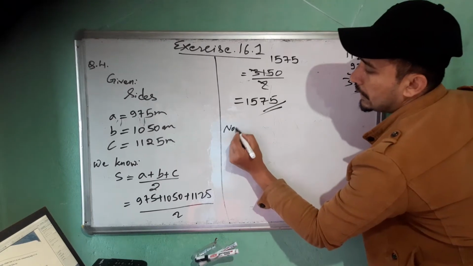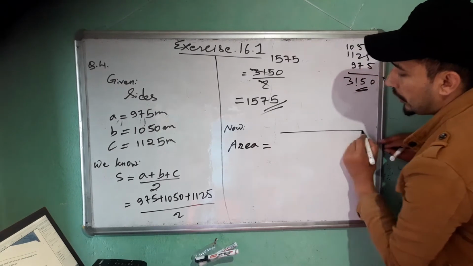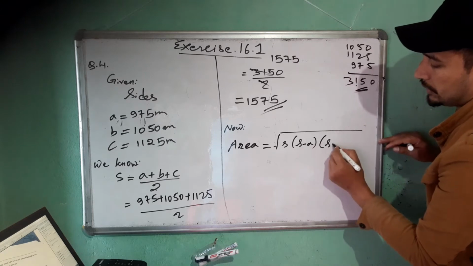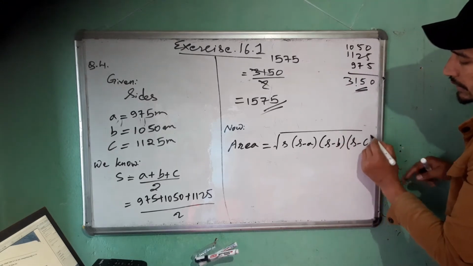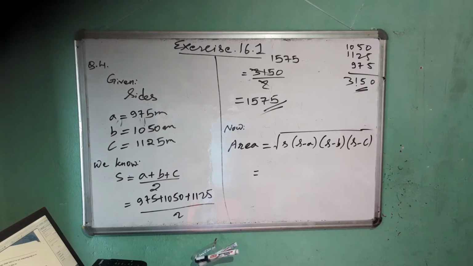Now area. First of all, let's write the formula: root under S(S minus A)(S minus B)(S minus C). This is the formula for area. Let's put the values.